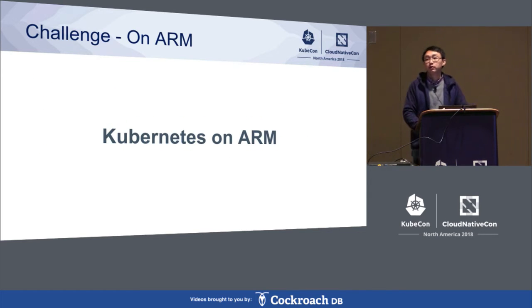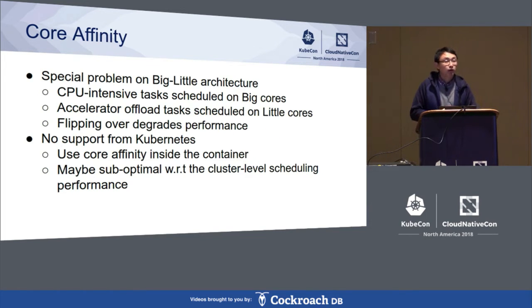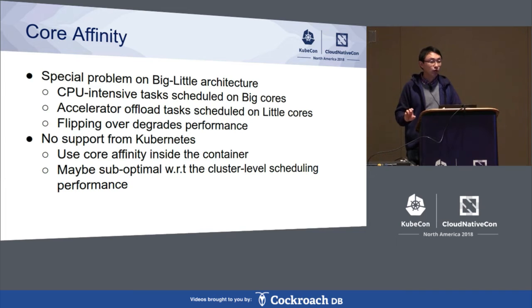Okay, so we've talked about the simple problem and the difficult problem. Now we come to the interesting problem. It's very special to ARM processors with big.LITTLE architecture. Think about the case where we schedule a CPU-intensive task on a little core, which runs slower, so this task takes much longer to finish.